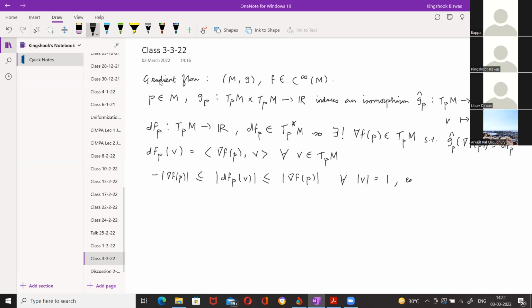And equality holds if and only if v is grad f_p over its norm for the first inequality, or v is minus grad f_p over its norm. So this tells you that the gradient direction and minus the gradient direction are the directions in which the function increases the fastest and decreases the fastest. Is this clear?